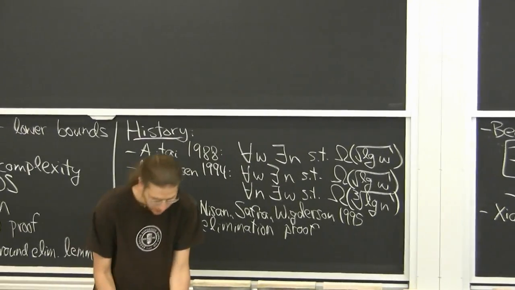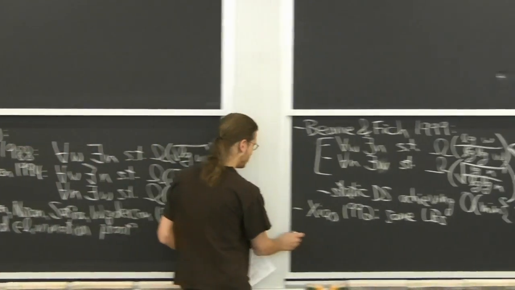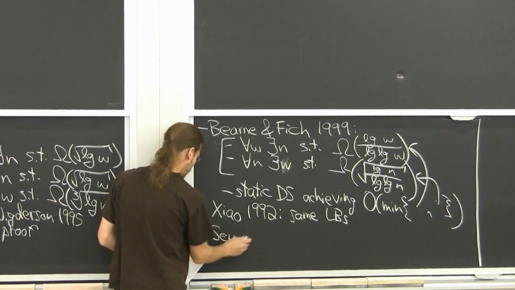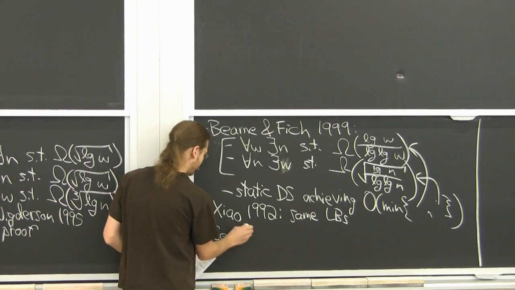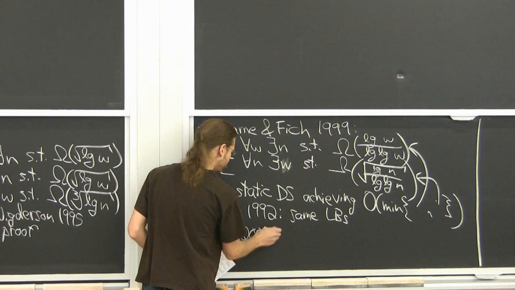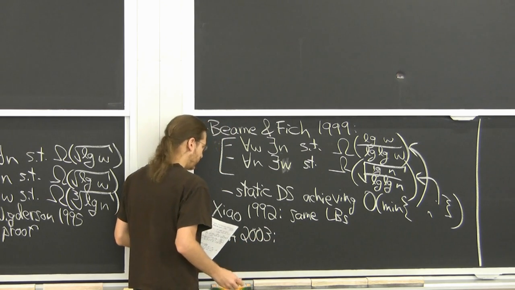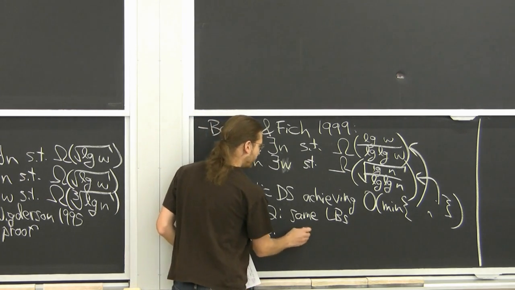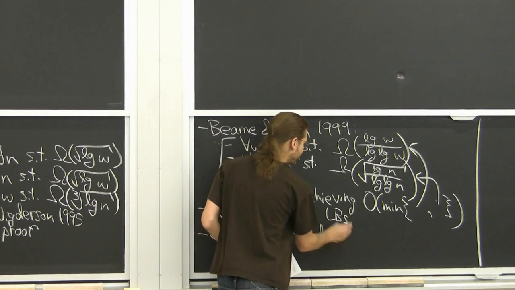Okay, next up is Sen in 2003, which gave a round elimination proof of the same result.